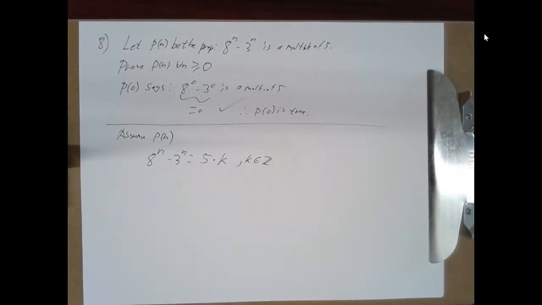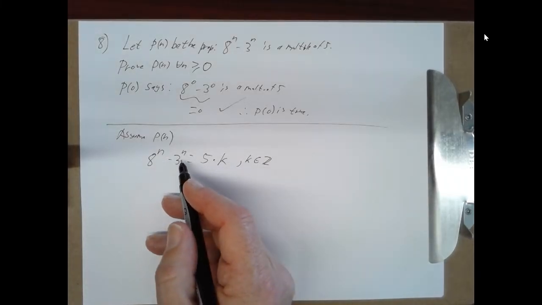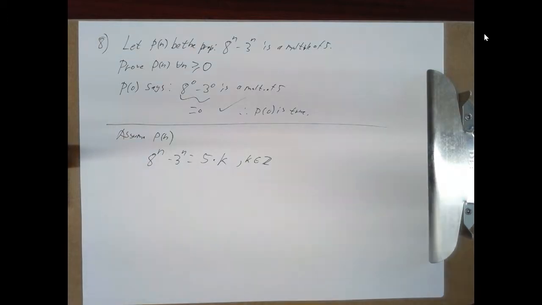Okay, that's what it means to be a multiple. We want to do something to get an a to the n plus 1 and a 3 to the n plus 1 in here. And we can't do that with just a single trick. We can't just multiply by itself or something, or multiply by 8 minus 3, because numbers don't work that way.